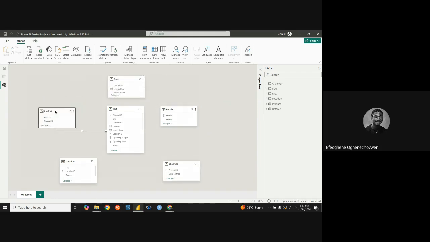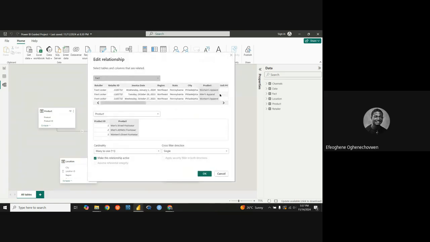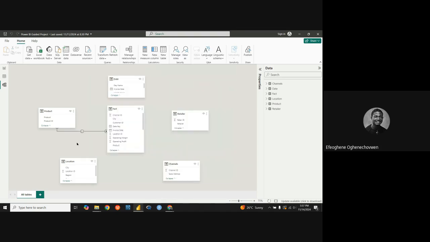So come over here, click on properties. This is what it links in many-to-one, so the many is the fact table and the one side is the dimension. So cancel. I'm not interested in using this as my relationship key, so I delete it.